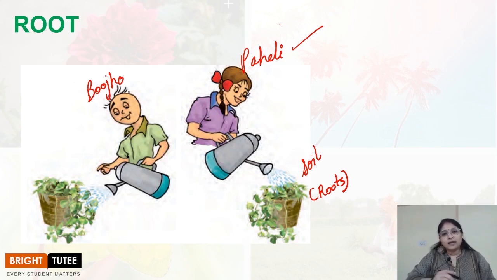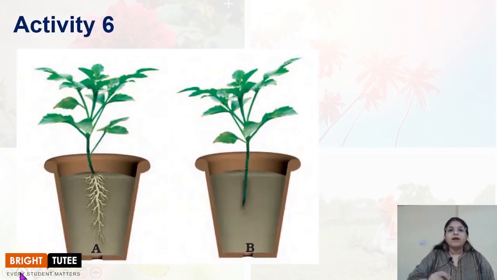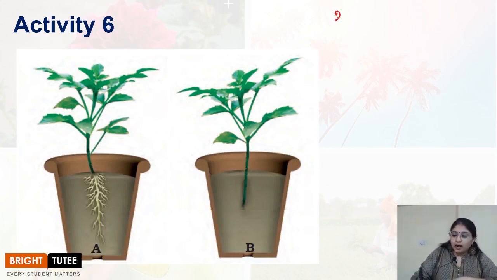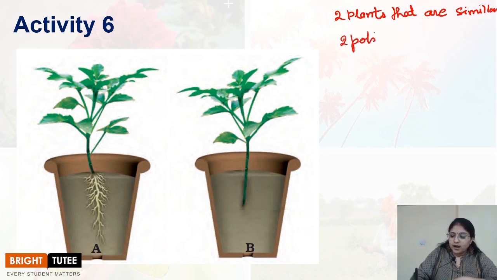You can conduct this activity in groups of 4 and 5, and it's a very fun activity and you'll really enjoy it. What you have to do is take two similar plants, then two pots, and label them.